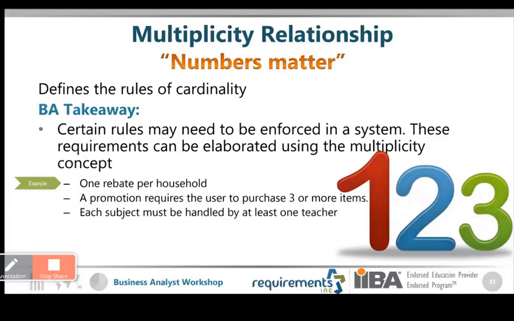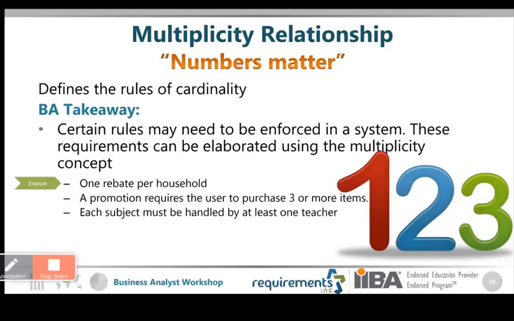That is a rule that you can enforce within your system. And then you can't have this promotion unless you purchase 3 items or unless you purchase this dollar amount. In that case, if you build in a rule based on multiplicity, based on the quantity, then you can enforce that rule.